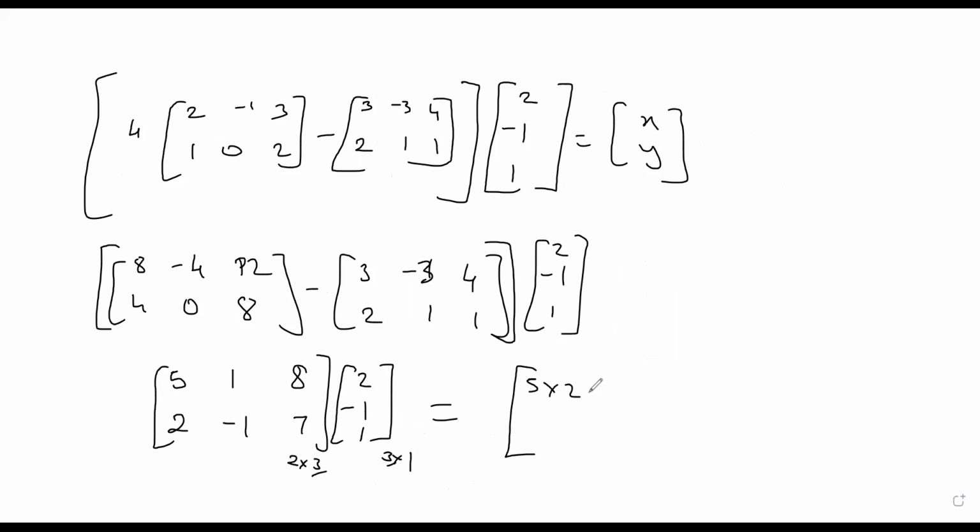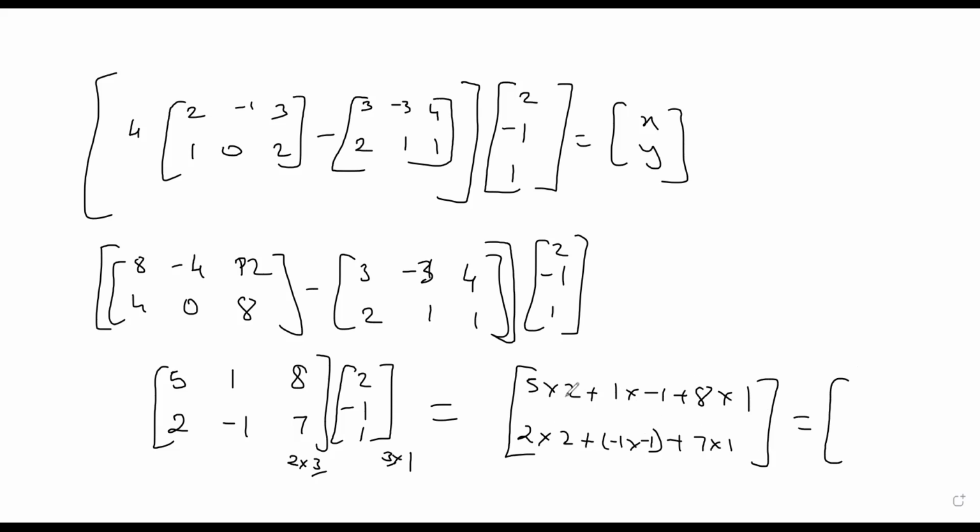It will be 5 into 2 plus 1 into minus 1 plus 8 into 1, and 2 into 2 plus minus 1 into minus 1 plus 7 into 1.